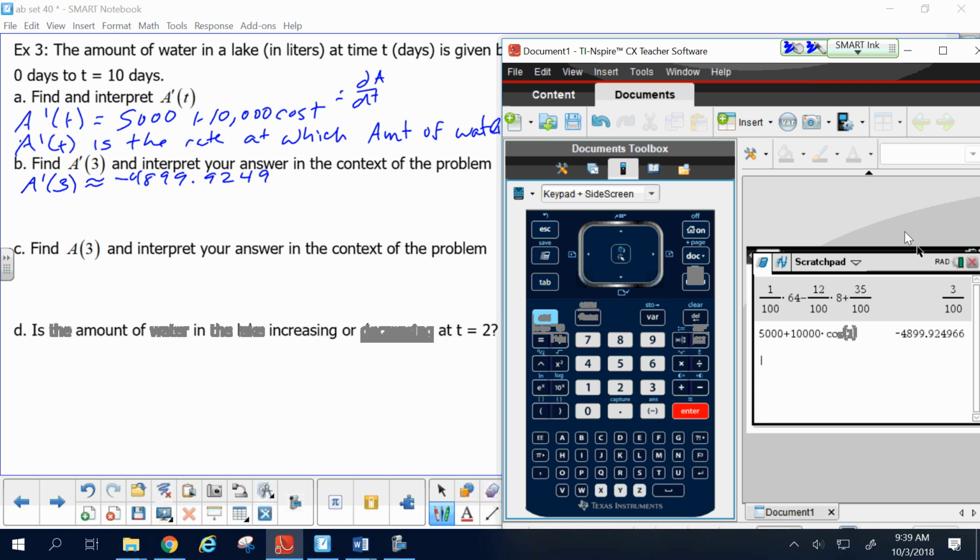When you're interpreting the answer, it's not like the previous interpretation. That's the interpretation of just general A prime. You're interpreting that number. Start with the time. At time equals 3. What are the units on 3? Anytime you throw a number in there, you should have units on it. Time equals 3 days.